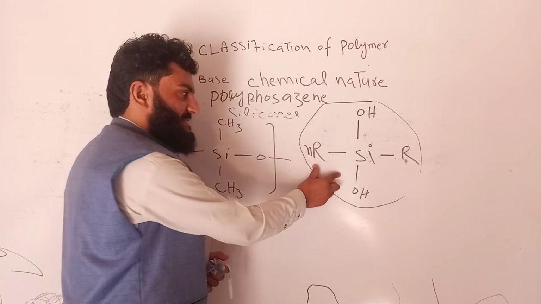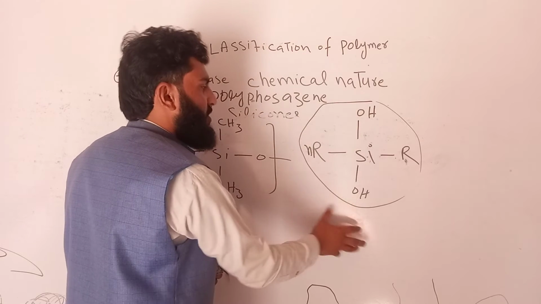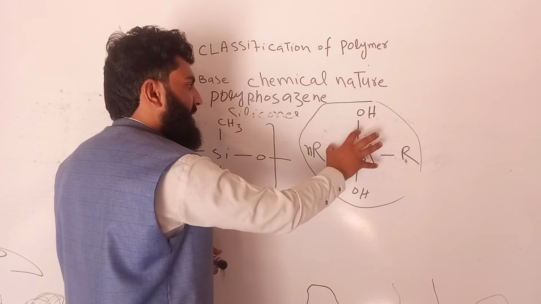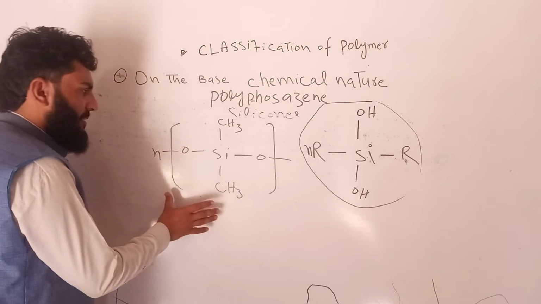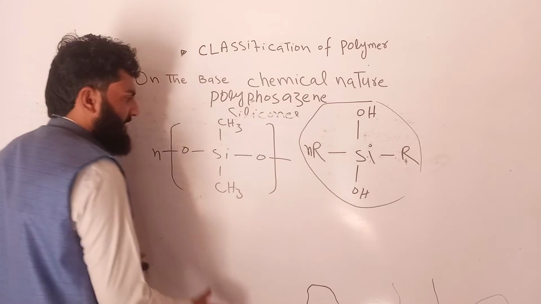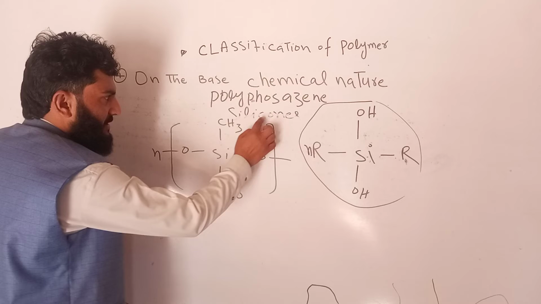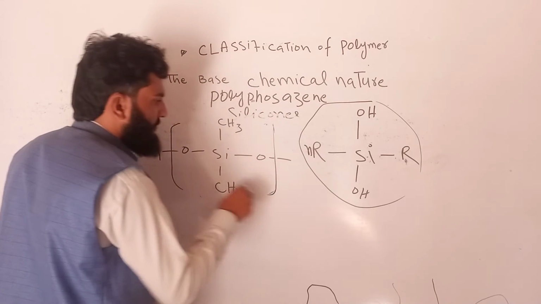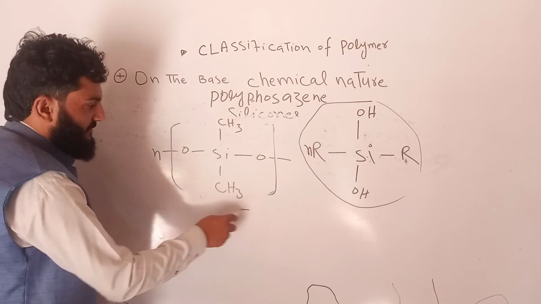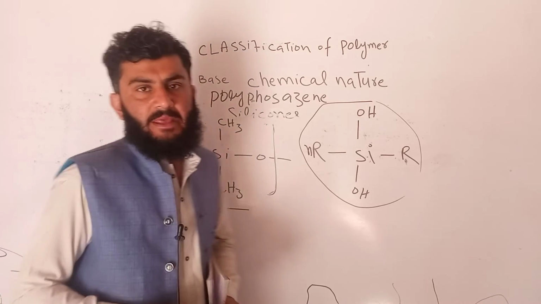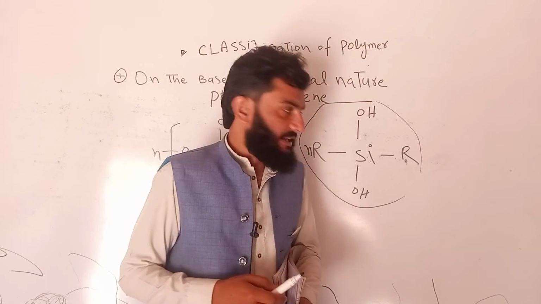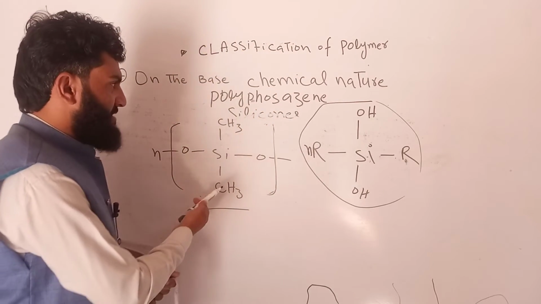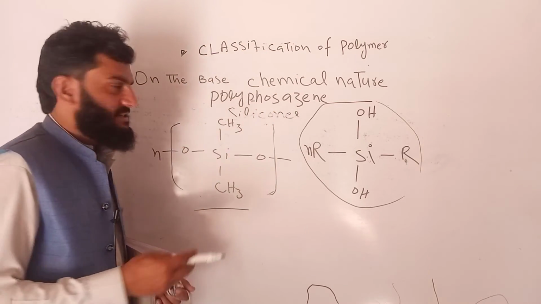When these monomers, these subunits combine with each other, they form a long chain in which such a backbone, this general formula, is repeated. So this is actually what? Siloxane.